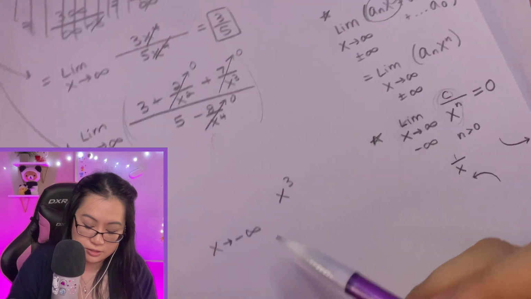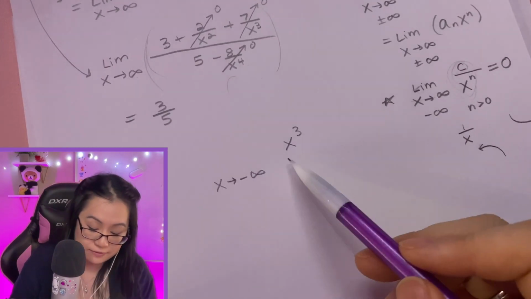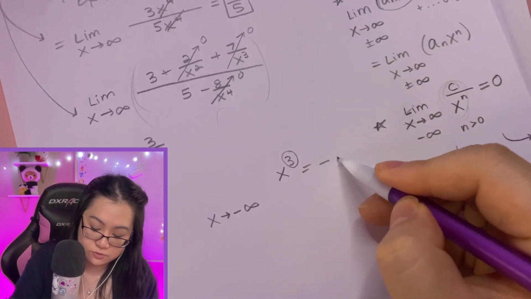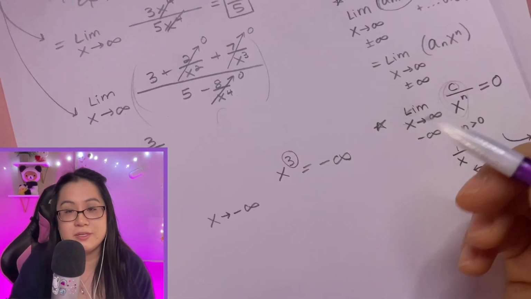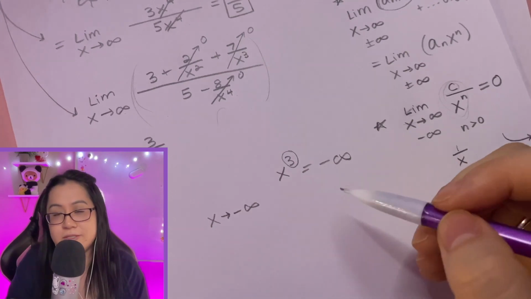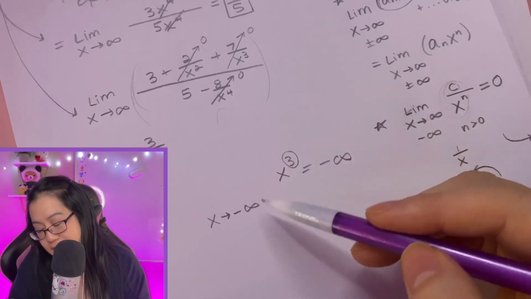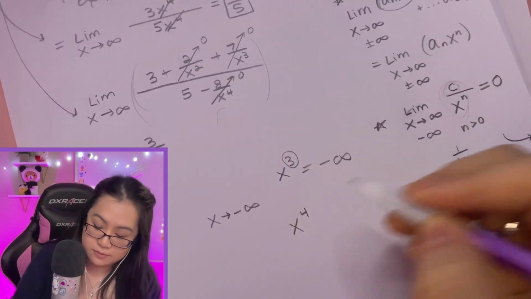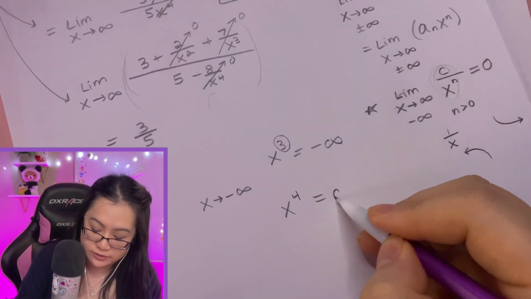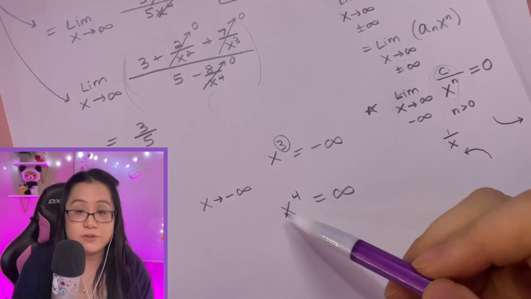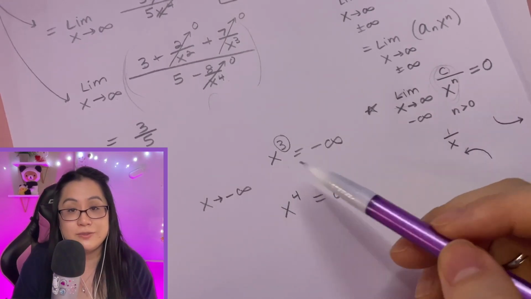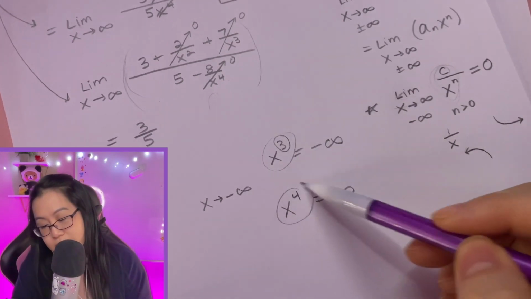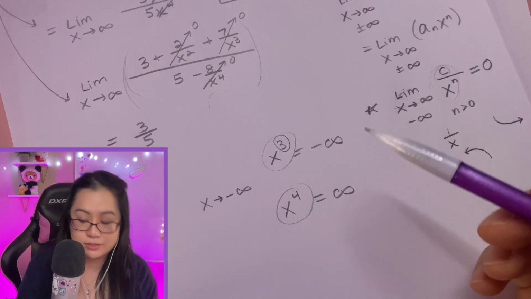That's just x getting really, really small, but it's negative. Because this is an odd exponent, this is going to go towards negative infinity, because -1 to an odd power is -1. So it's a very large negative number. But if we have an even power, that's going to go to positive infinity, because a negative number raised to an even power is positive.